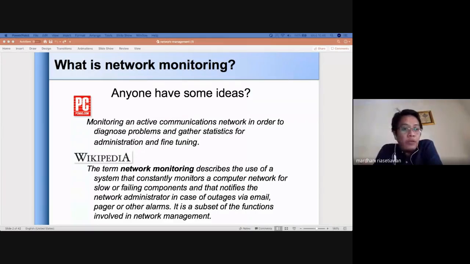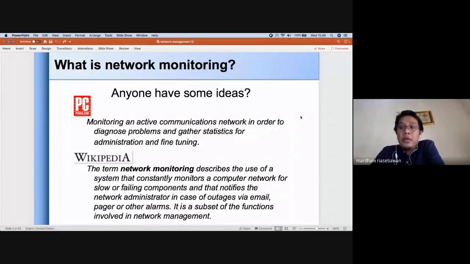This is involved in network management. So in this definition, network monitoring plays a subset of network management. Network management is a wider or bigger definition, and network monitoring is one of the components in it. So that's the first definition about monitoring.